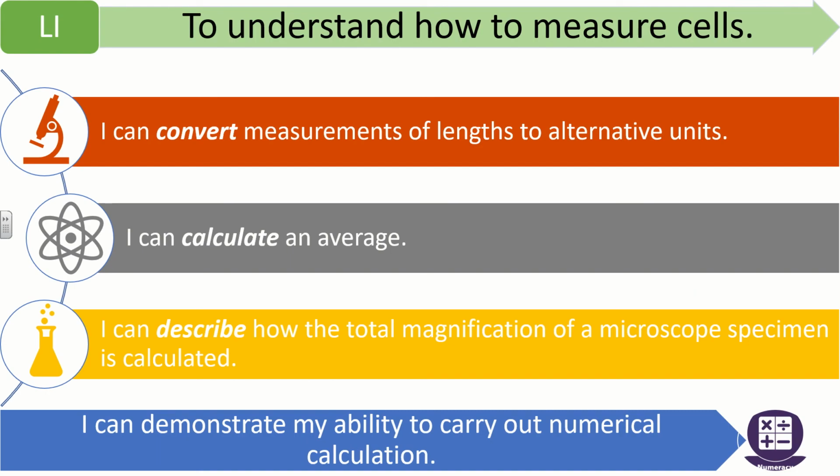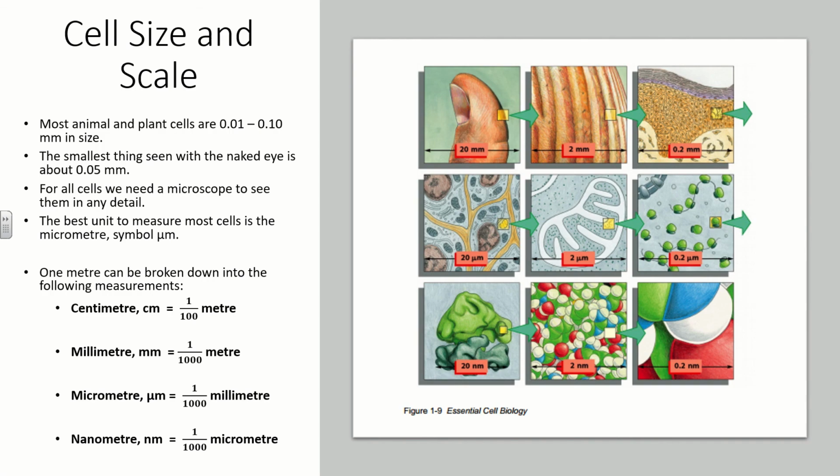So in biology, there are numerous units for sizes. This is because there's a huge range of size. You need to be able to convert between the different units. For example, if you were going between millimeters and micrometers, you would have to multiply by 1,000.